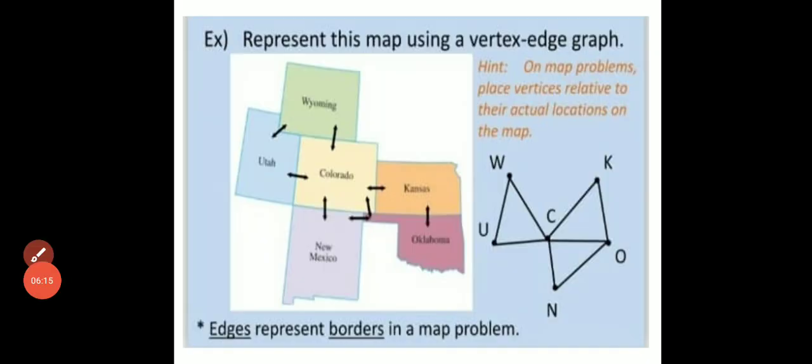Next, this is a graph representing this map. Here we have six cities that are noted by W, U, C, K, O, N. Here the edges represent the borders in the map.